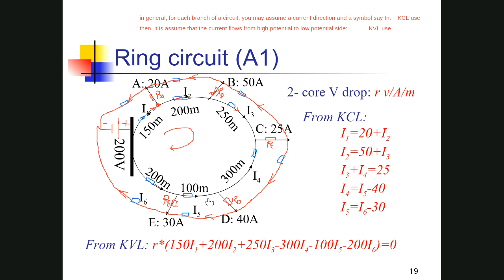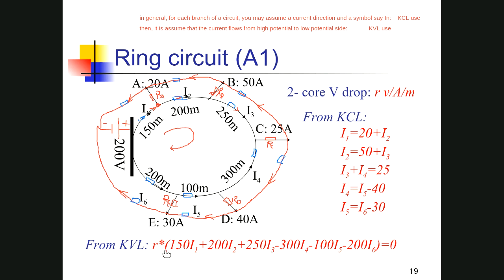Similarly, between D and E, in the clockwise direction, that is 100 meters long with current I5, and a voltage rise. And the last part with the current I6, counted in the clockwise direction, is 200 meters long, also a voltage rise. So I1 drop, I2 drop, I3 drop, I4 up, I5 up, I6 up, in total is 0.